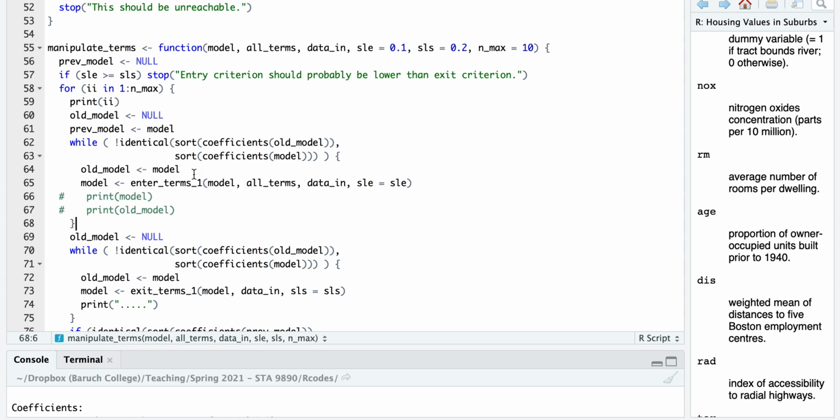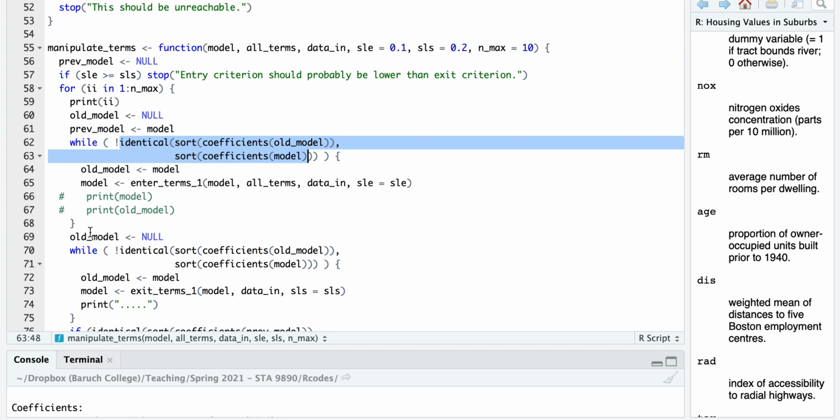At some point, this enter terms won't add any new term among these terms, either because we reached all the terms or there is no predictor that passes this threshold. So the old model and the new model will be the same, and at that point they will be identical based on the coefficients.